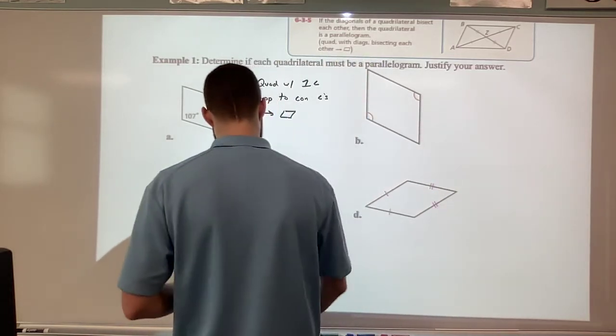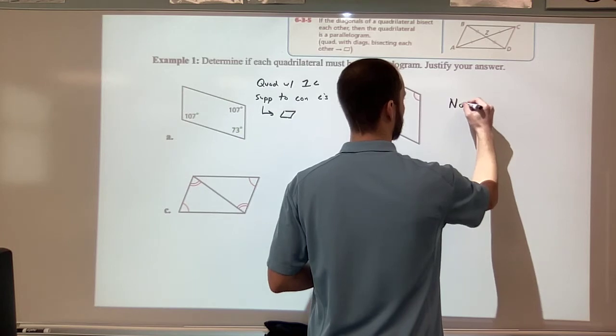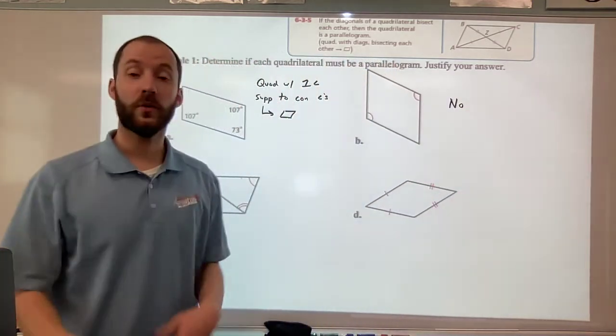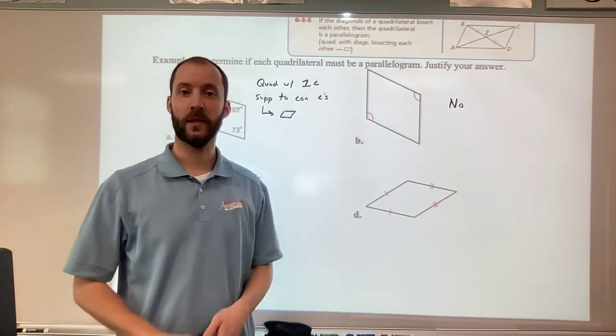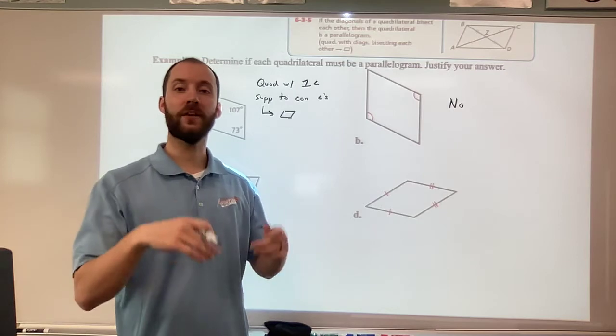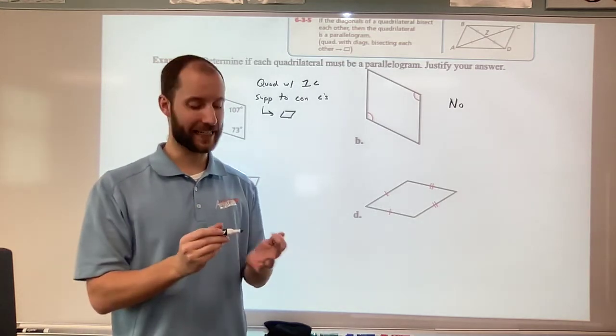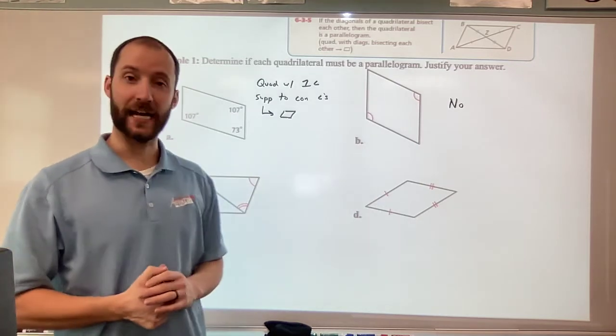Let's do that again. That's better. So it's entirely possible this could be a parallelogram, but we are interested in guarantees. Can we for sure say that it is? And unfortunately, in this case, we cannot.